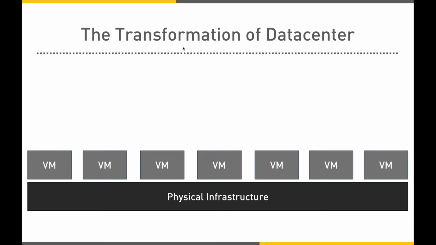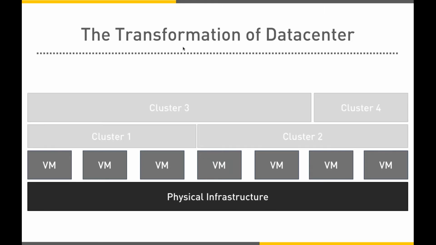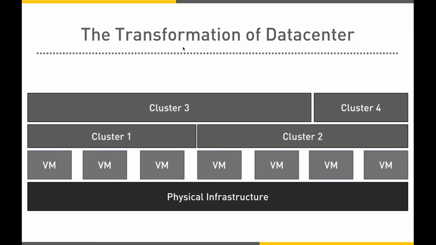On top of the physical infrastructure sit the VMs, and these VMs are now going to be collectively treated as a set of clusters. These clusters are logical isolations or logical partitions on top of the VMs. For example, you might want to run a dev, test, and production cluster.